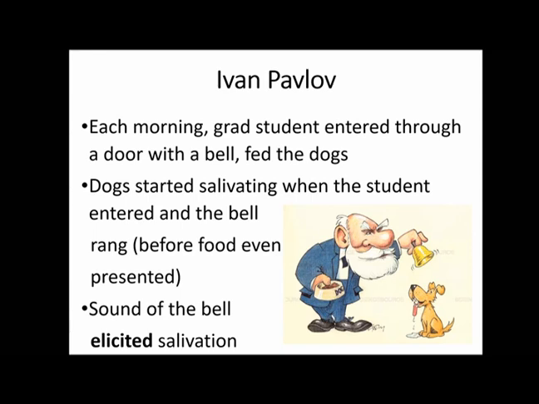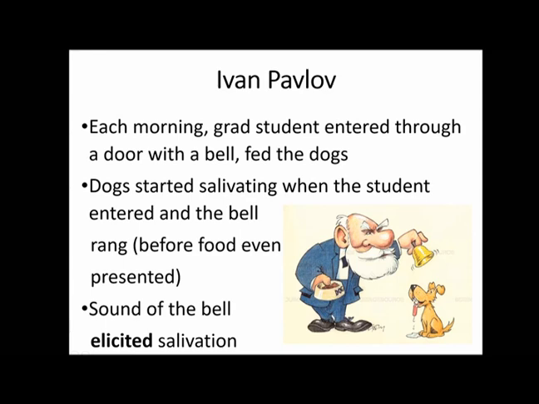But someone noticed that the dogs would start salivating as soon as the student entered the room. They didn't salivate when the food was prepared and brought to them. They were salivating, drooling before the food was even taken out. And so they started wondering, why are they salivating? They figured out that the sound of the bell was eliciting salivation.